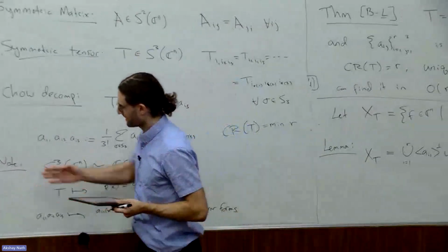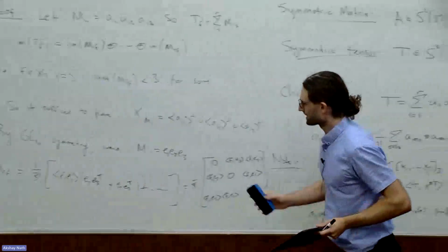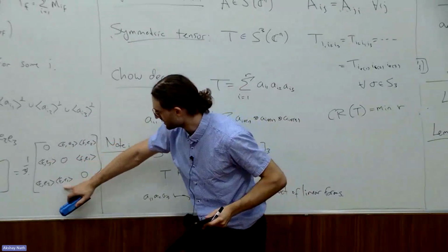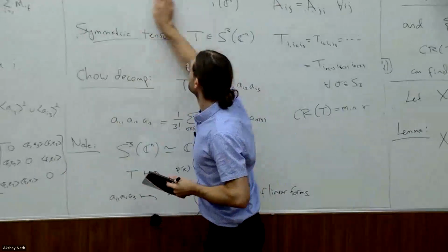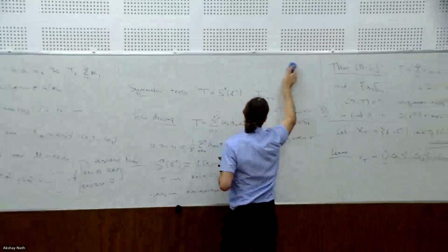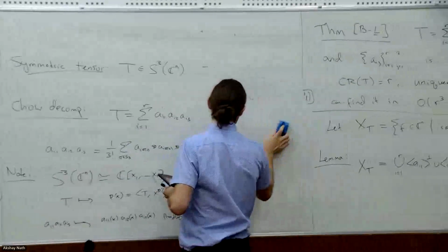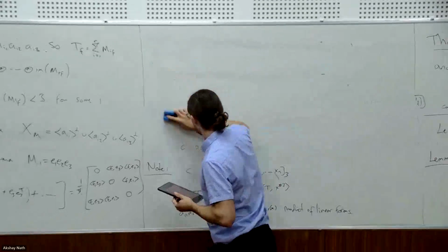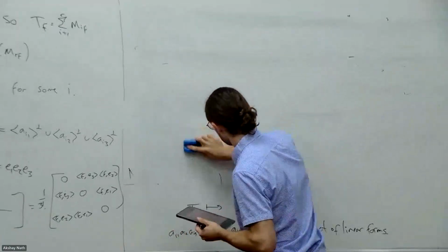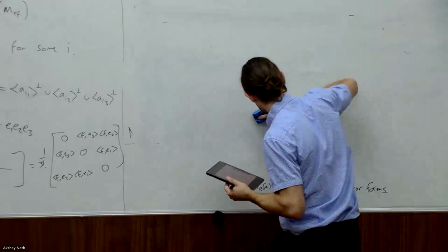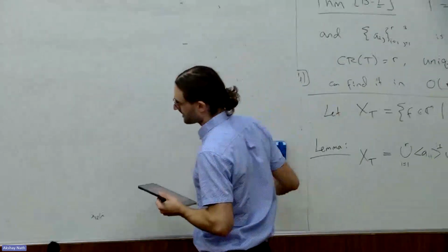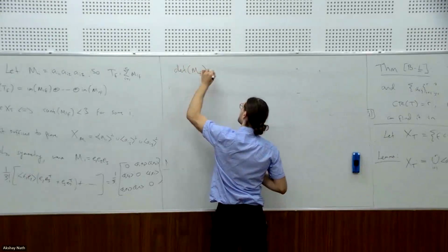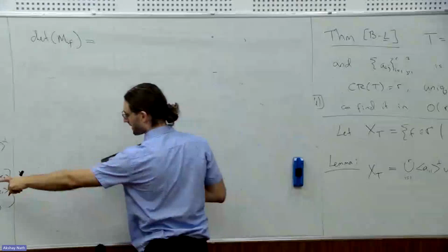Okay, so this is what you get. Notice the inner product of F with E1 shows up in the 2-3 entry as well as the 3-2 entry. And so the determinant of this is 1/3 times the product of this.